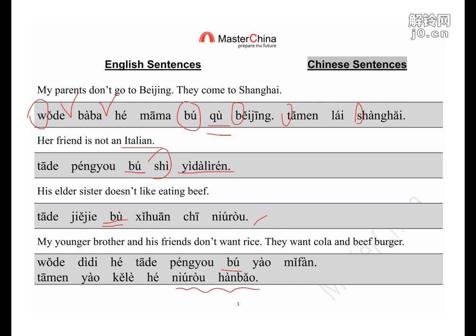Yes, this is also acceptable, and you can put them together, because putting them together or not won't affect people's understanding. So this one has the negative word before want, don't want. So 不要米饭 and 他们要可乐和牛肉汉堡. So we have the 和 in these two sentences. Next one.